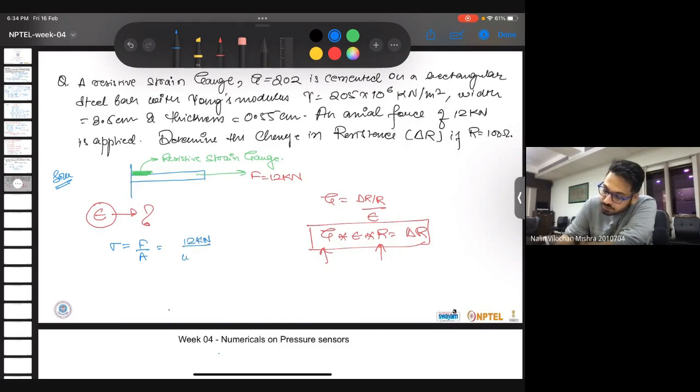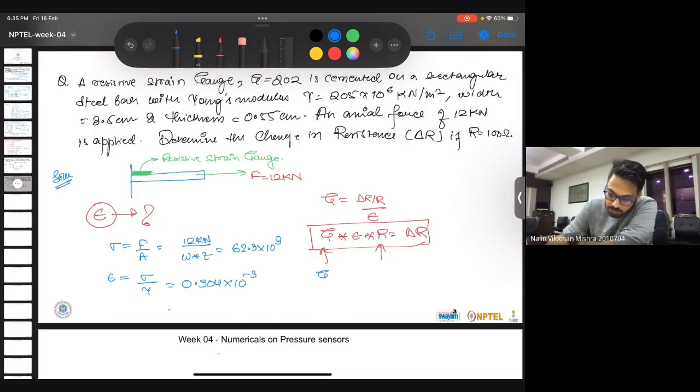Area is width times thickness. It will come out to be 62.3 into 10 power 3, and epsilon, this strain, can be written as stress upon Young's modulus, and it is coming out to be 0.304 into 10 to the power minus 3.